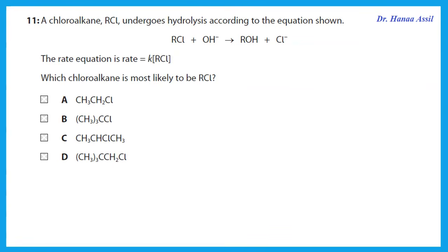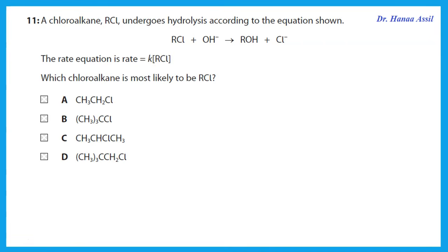A chloroalkane undergoes hydrolysis according to the equation shown. The rate equation is dependent only on the concentration of the halogenoalkane. So which chloroalkane is most likely to be this compound?